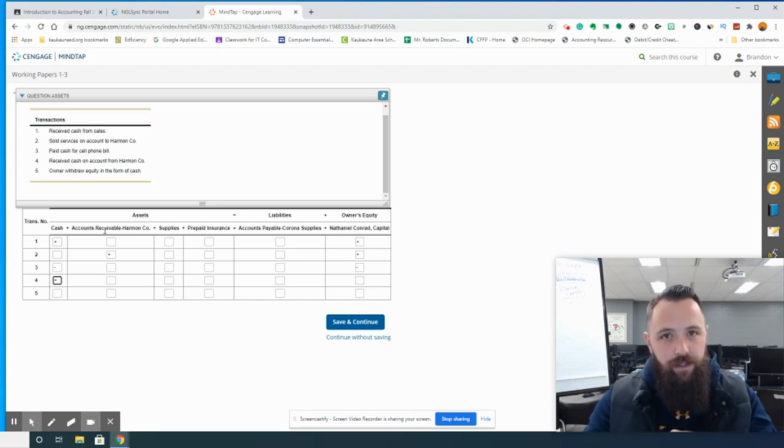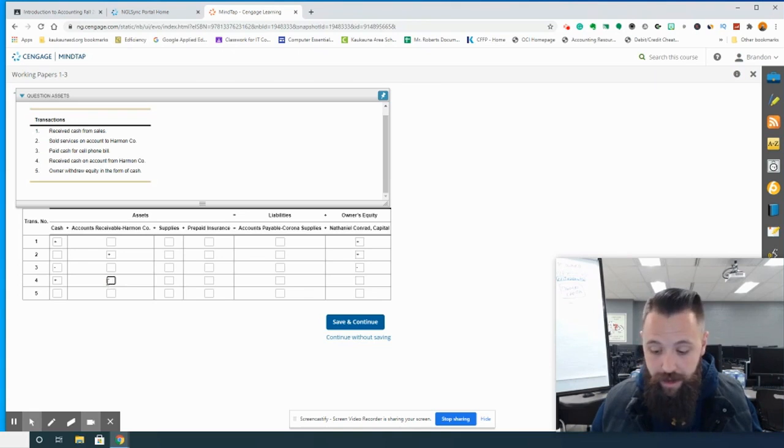So for this, our account balance is going to go down because they're paying us and they now owe us less. So we have two assets, one goes up, one goes down. Accounting equation is balanced. Number 5, owner withdrew equity in the form of cash. This is a withdrawal.